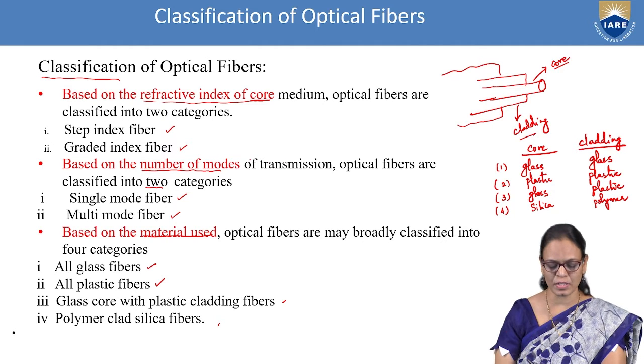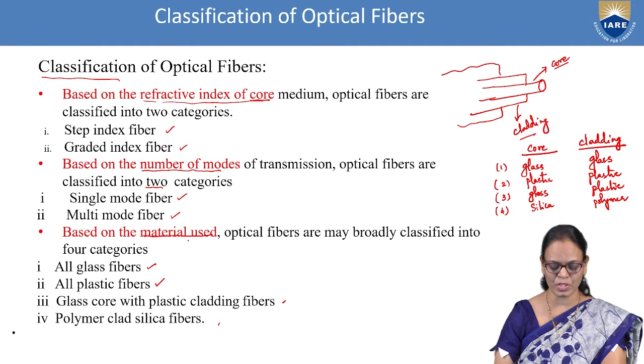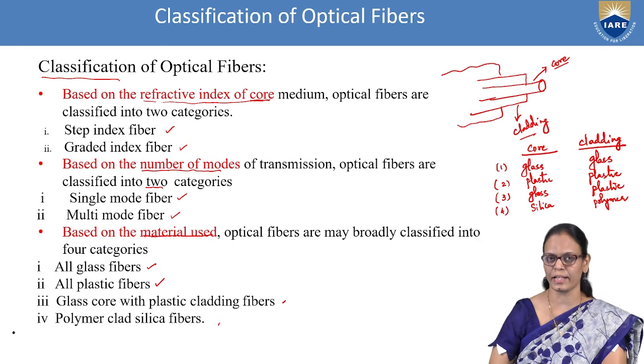If the light travels in a single mode, we have single mode fiber, and if more than one, we call it multimode. And then based on the material used, we have all glass, all plastic, glass core with plastic cladding, and polymer clad silica fibers. Now let us discuss each one in detail.